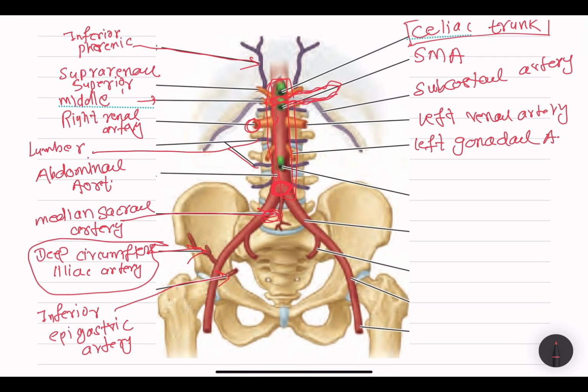This one is the inferior mesenteric artery. This is the left common iliac artery. So please remember this one, right and left.